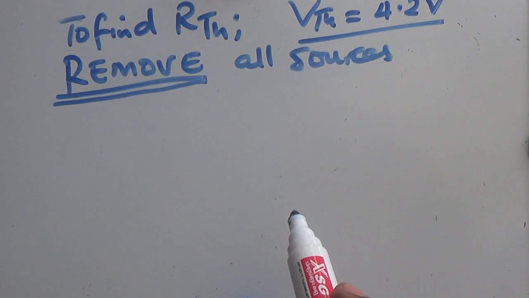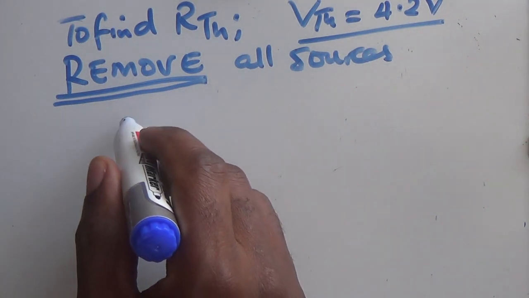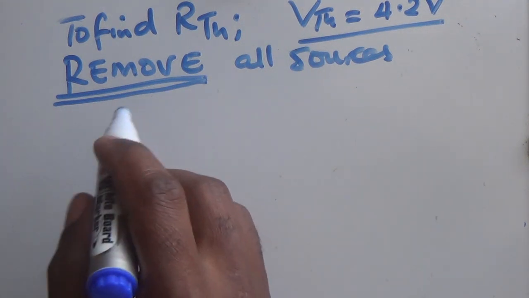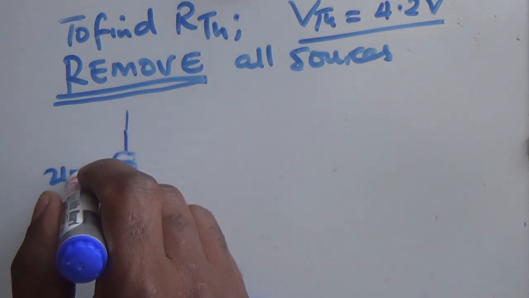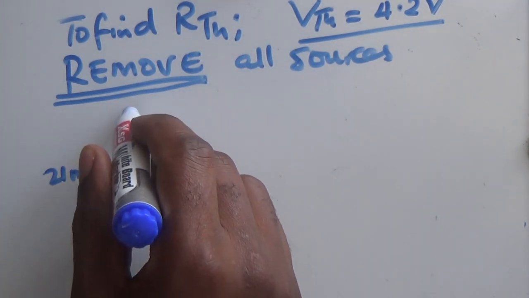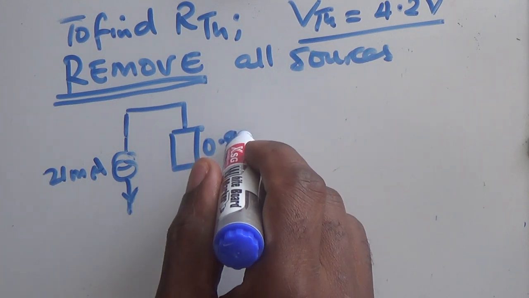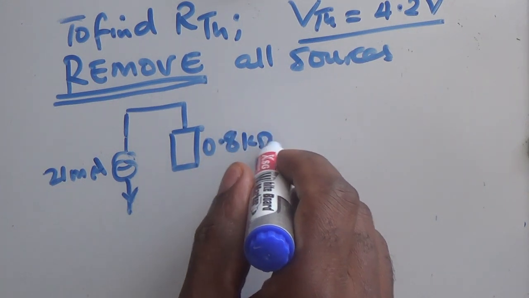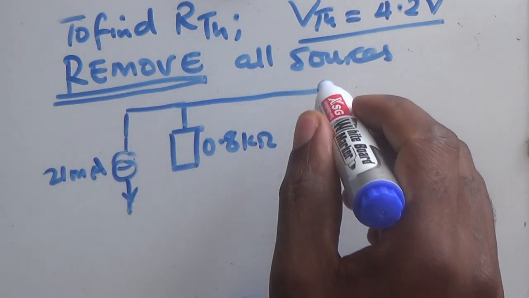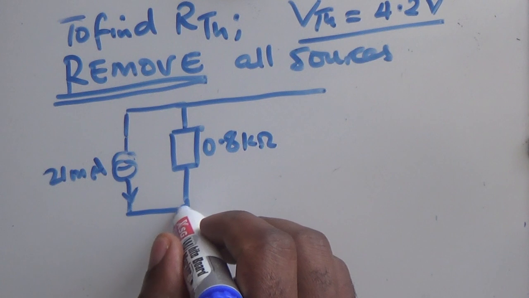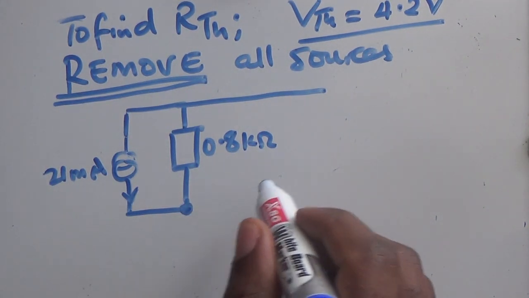So our circuit had the current source of 21 milliamperes, then the resistance here of 0.8 kilo ohms. Then the load, remember we removed it a long time ago to remain with this part here.